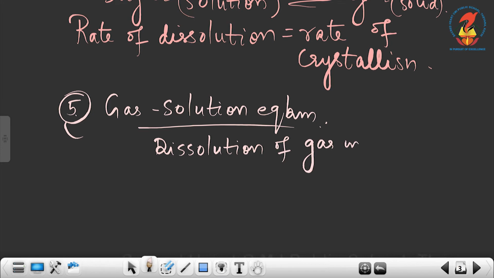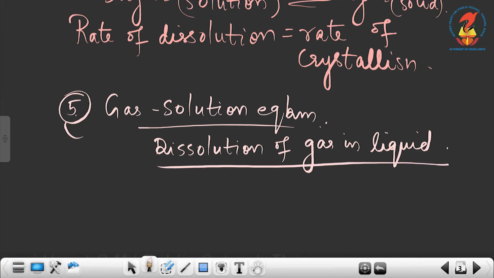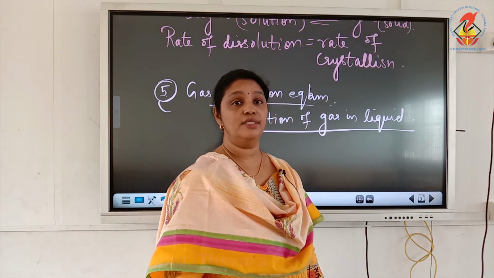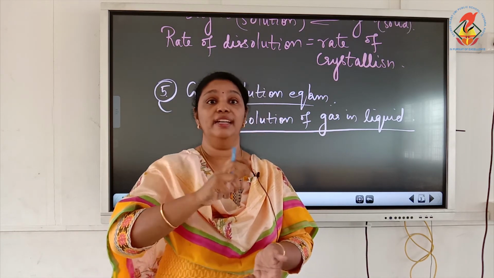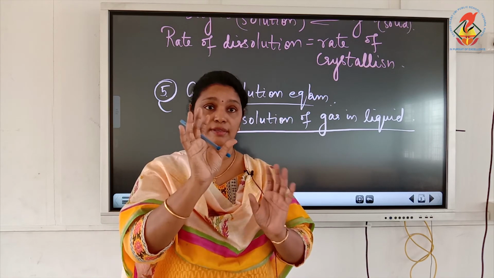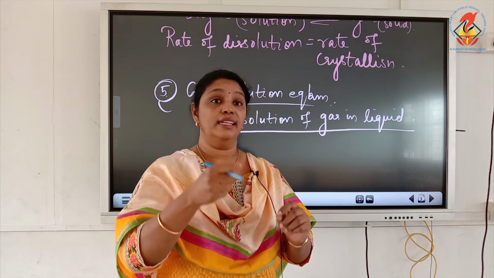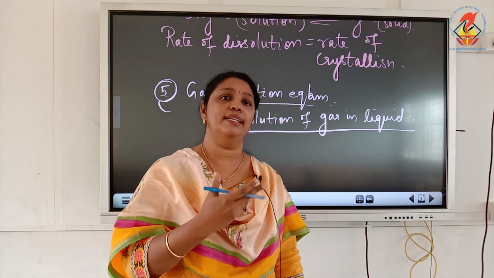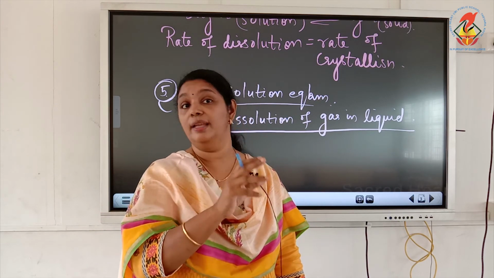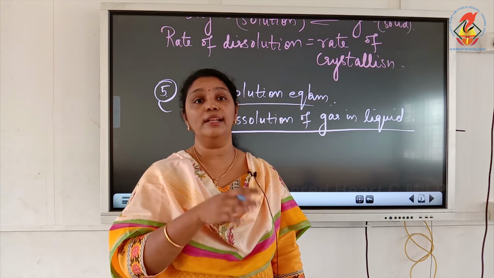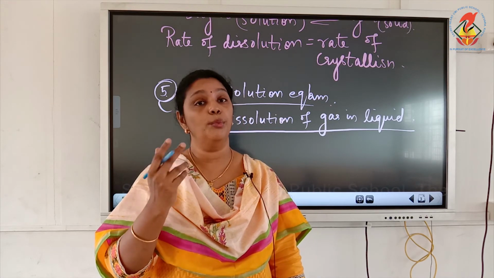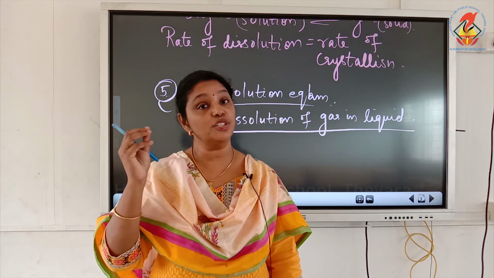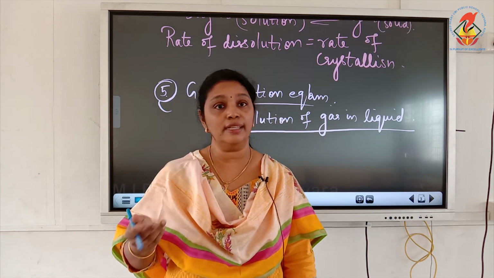Take soda water, which is sealed and kept closed under high pressure. Inside that soda bottle, the maximum amount of carbon dioxide gas is dissolved, and the bottle is at high pressure. Inside the bottle, carbon dioxide gas is in equilibrium with carbon dioxide in solution, where solution means the carbon dioxide dissolved in water.